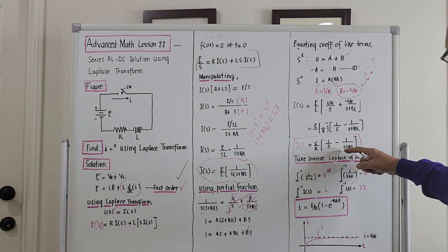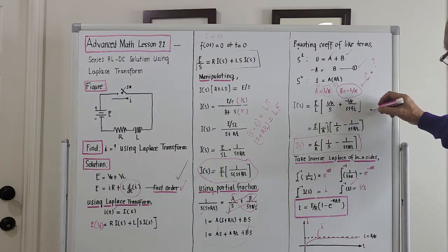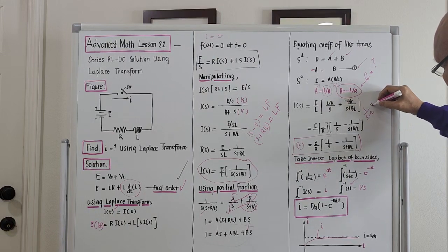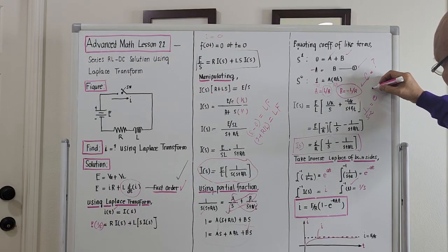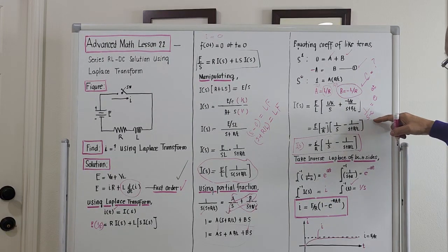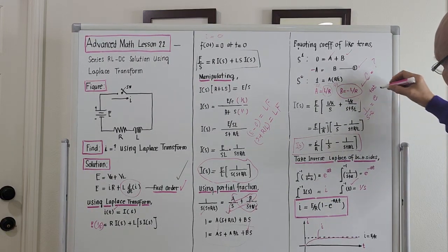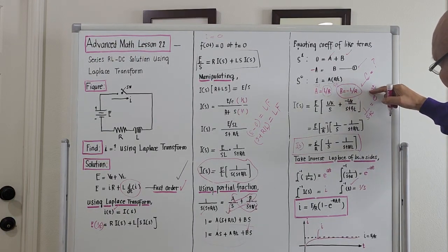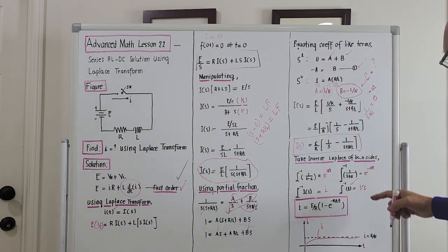And 1 over s plus R over L is synonymous to the term 1 over s minus a. And that is actually e raised to at. If this is minus, this is plus. But if this is plus, this should become minus. So I place it here.